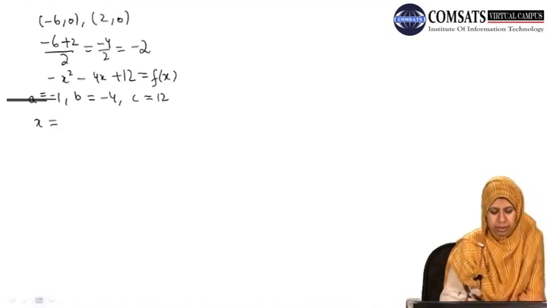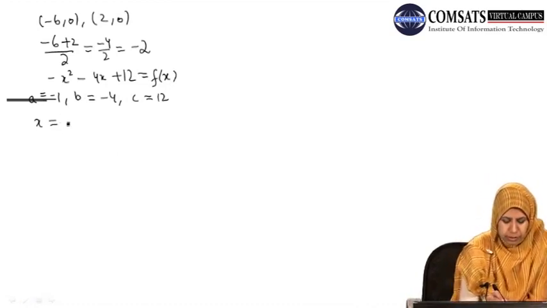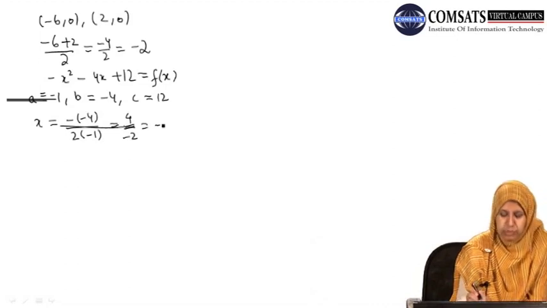It should be the same, but x will be equal to minus into minus 4 divided by 2 into a, which is minus 1. We obtain 4 over minus 2, which is minus 2.